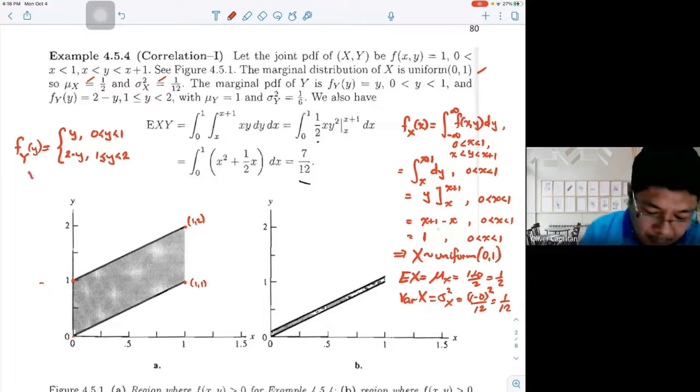You try to verify this. Verify those possible values.